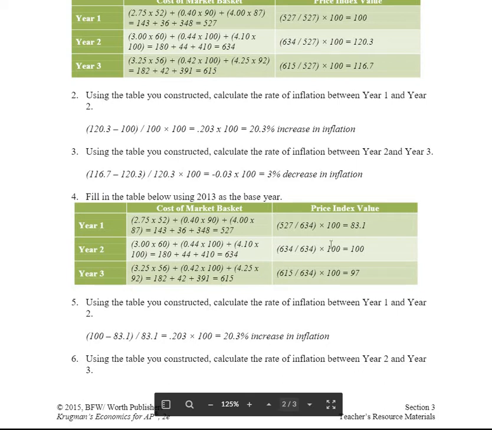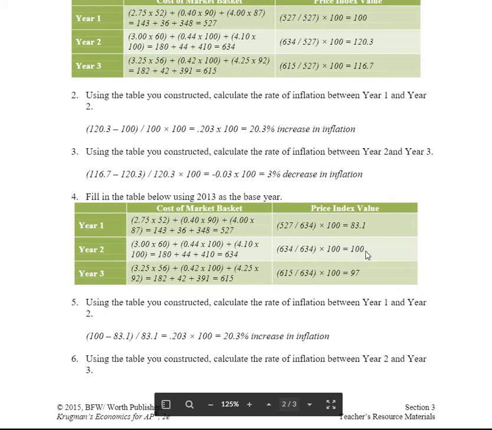The year 2 price index is going to be 100 because, again, that's the base year, and you divide 634 by 634 and times that by 100, and you get that. Year 3, you would do 615 divided by 634, multiply that by 100, and you get 97. So, number 5, using the table you can calculate the rate of inflation for year 1 and year 2.